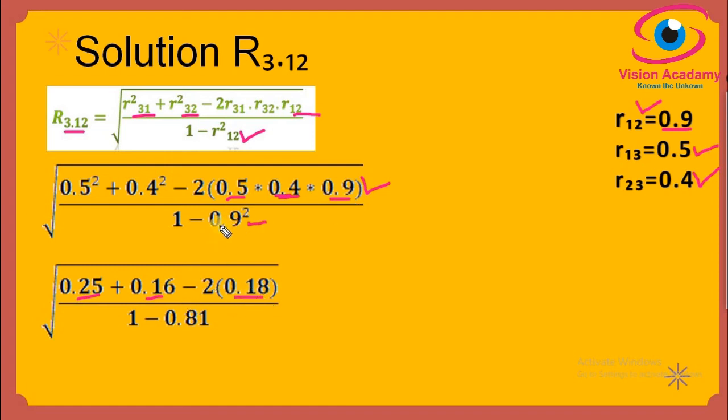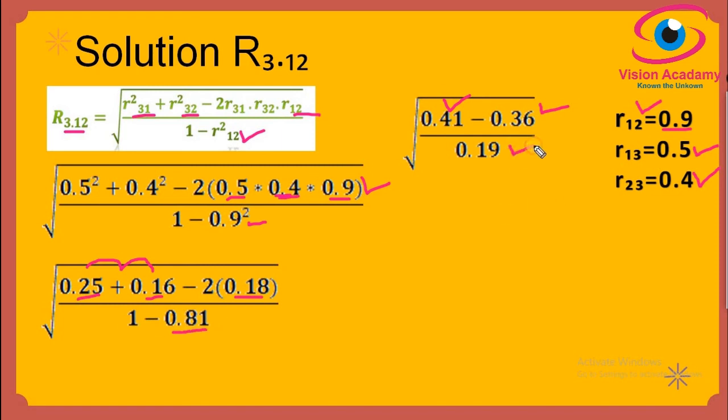In the denominator, 0.9 into 0.9 will be 0.81. I will simplify this further. When I add 0.25 plus 0.16, I got 0.41. When I multiplied 2 into 0.18, I got 0.36. When I subtracted 1 minus 0.81, I got 0.19.